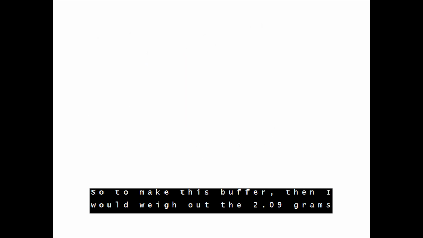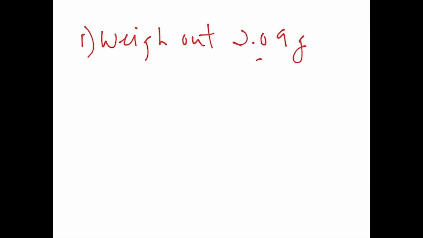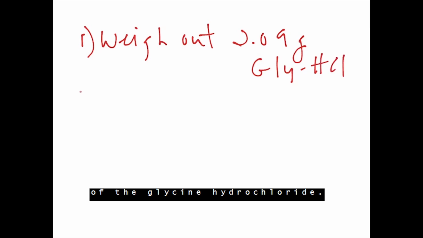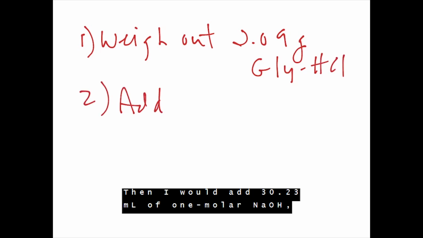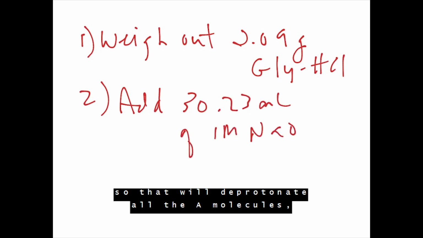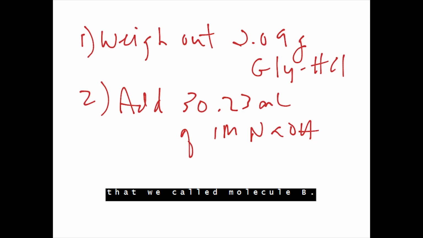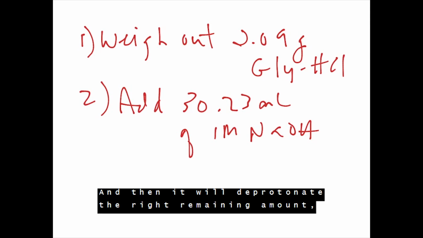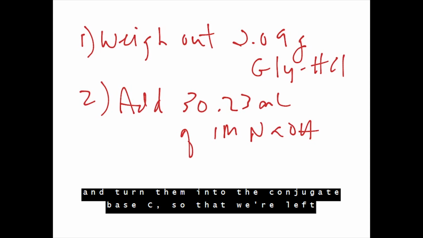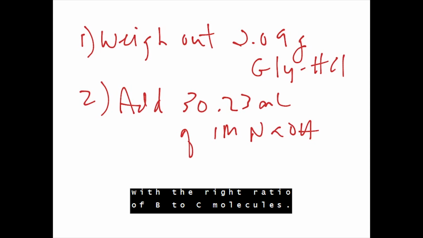So to make this buffer, I would weigh out the 2.09 grams of the glycine hydrochloride. Then I would add 30.23 mLs of 1 molar NaOH, so that will deprotonate all the A molecules, all the glycine hydrochloride, into molecule B, and then it will deprotonate the remaining amount and turn them into the conjugate base C, so that we're left with the right ratio of B to C molecules.